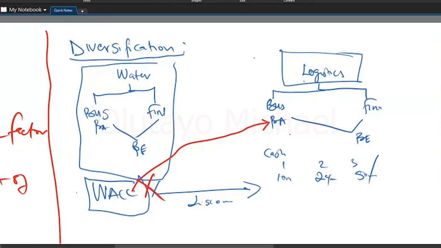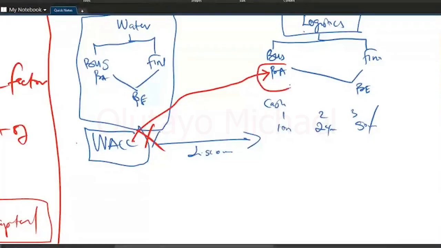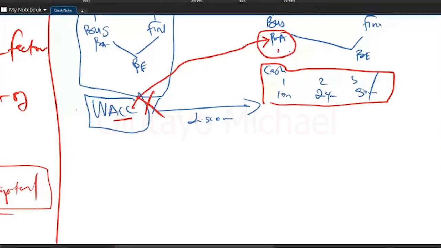In other words, I need to find a WACC that will feature the business risk of the new investment. Once I find the beta and get the WACC, then it will be suitable to use this WACC to discount the cash flows. For me to feature this beta in my WACC, it will lead me to what is called gearing and ungearing.